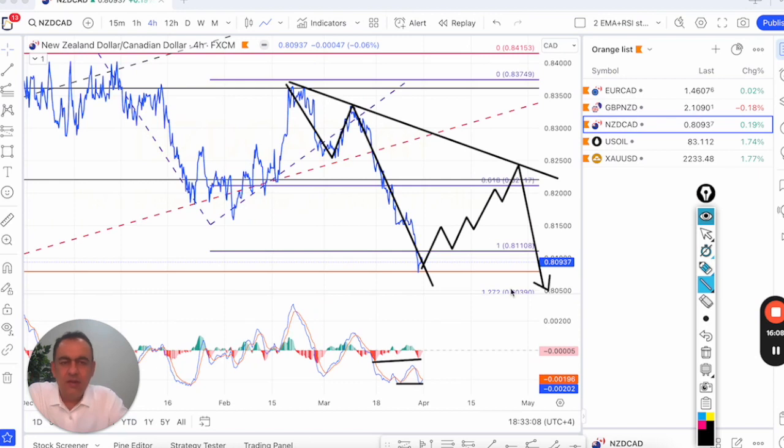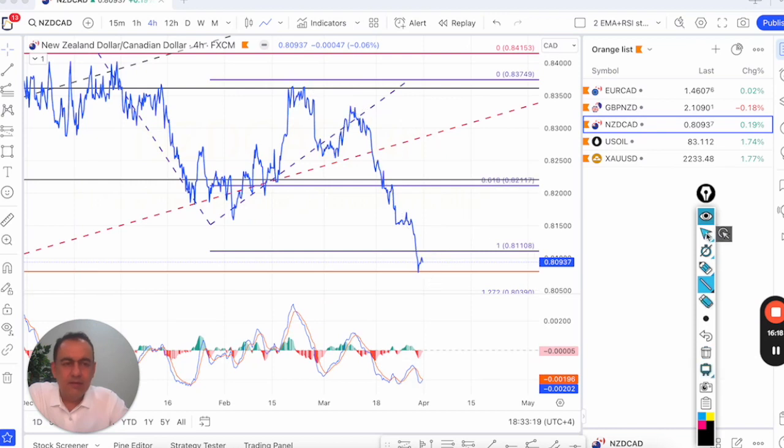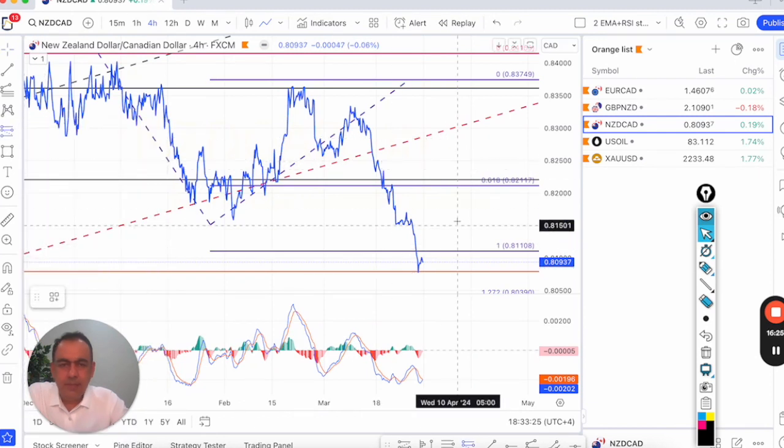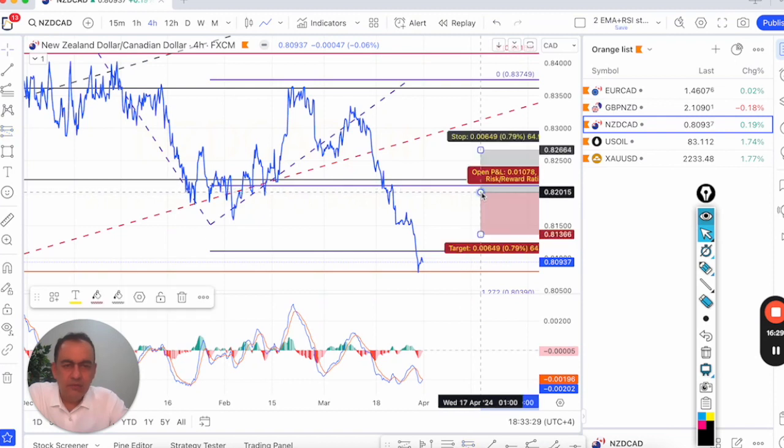So only in the short run we can expect some bullish behavior, that is due to the corrective pattern, but ultimately it is going to move in the downward direction, and the target is 0.7950. So I'll be entering into the sell trade after the pullback somewhere around 0.8200.